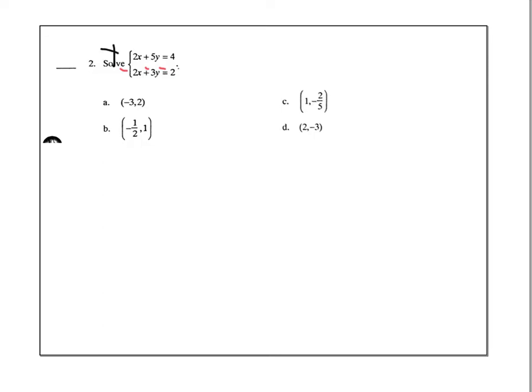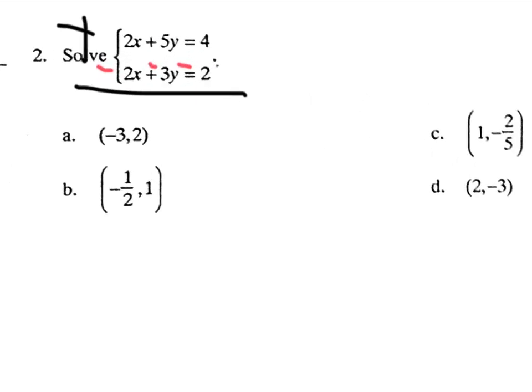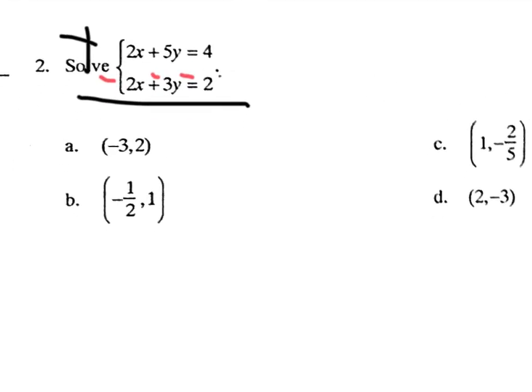So we're going to add these equations together. The 2 x's are going to cancel. 5y plus negative 3y is now 2y. And 4 plus negative 2 is a positive 2. Divide by 2, y equals 1.